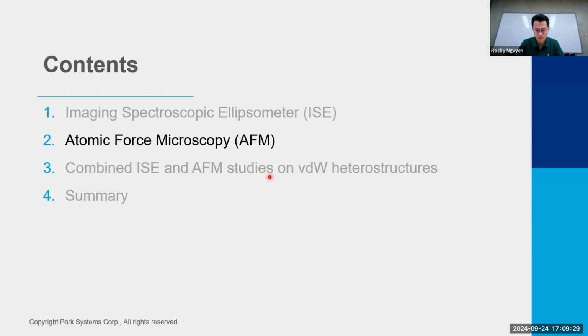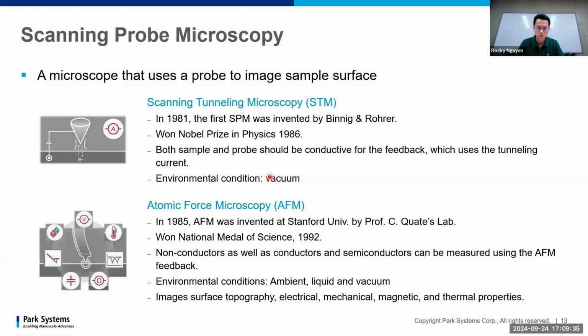Let me explain a little bit about the Atomic Force Microscopy, AFM. So AFM is a family in the scanning probe microscopy, and everything started as the STM, scanning tunneling microscopy. And STM can only measure the conductive sample in a vacuum environment.